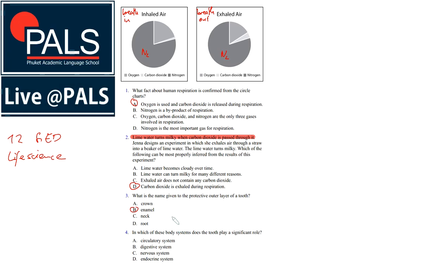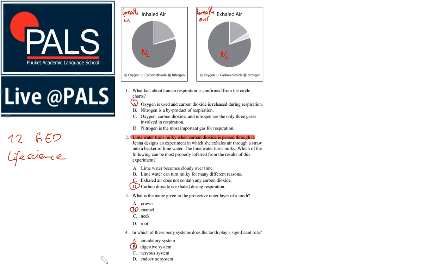The breakdown of large pieces of food into smaller pieces without any chemical change, which is what our teeth are doing, is what we refer to as mechanical digestion. And we can already see that this must therefore be part of the digestive system.